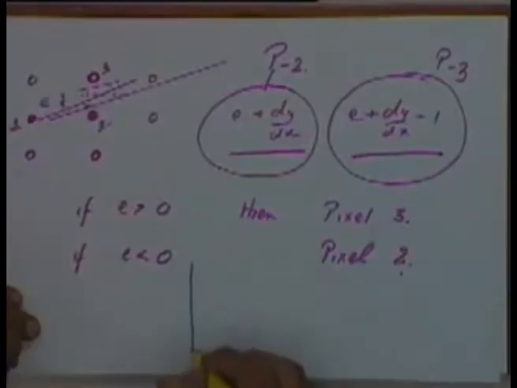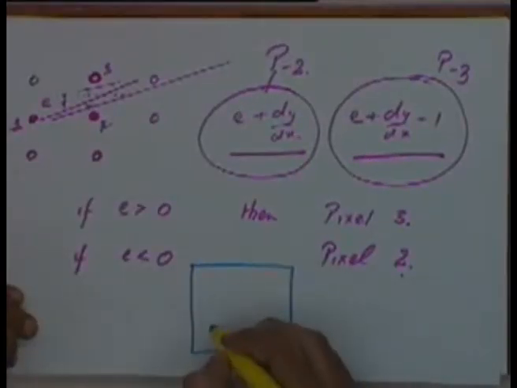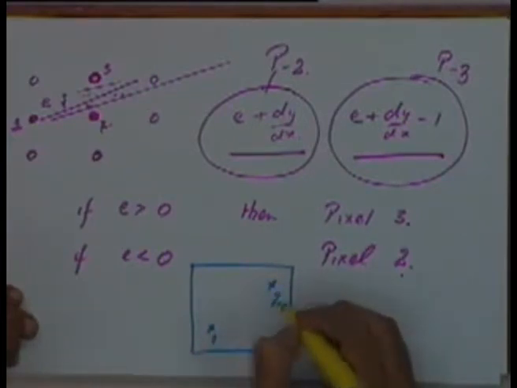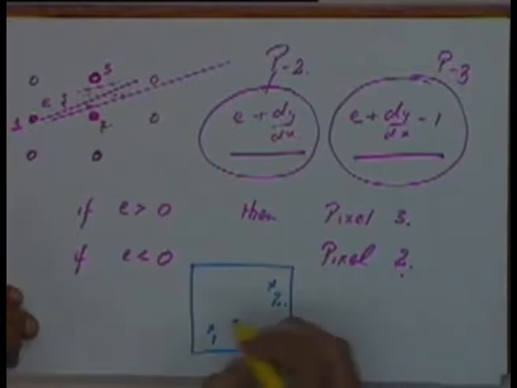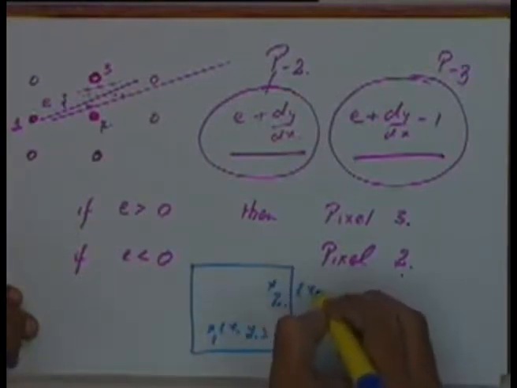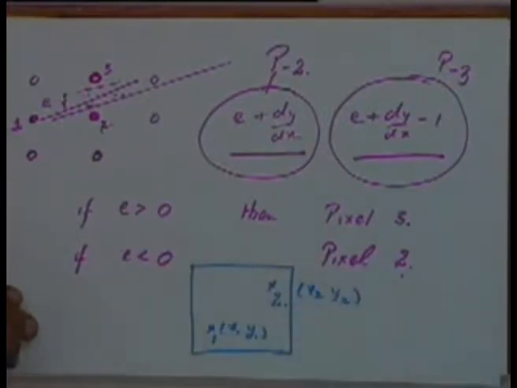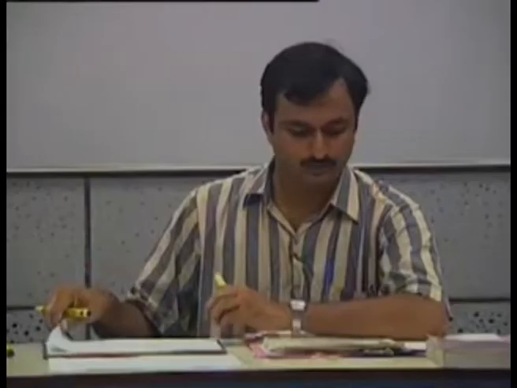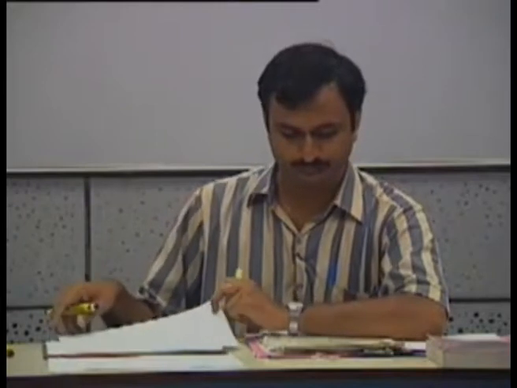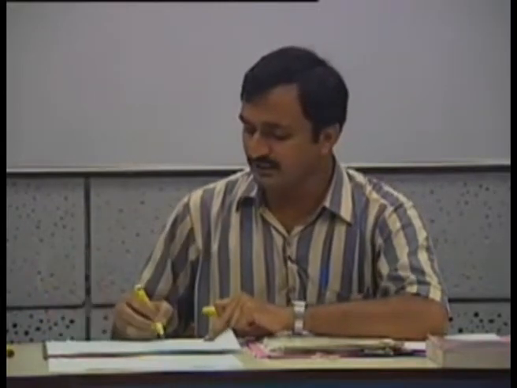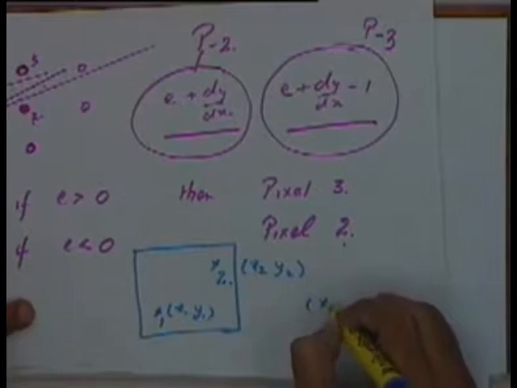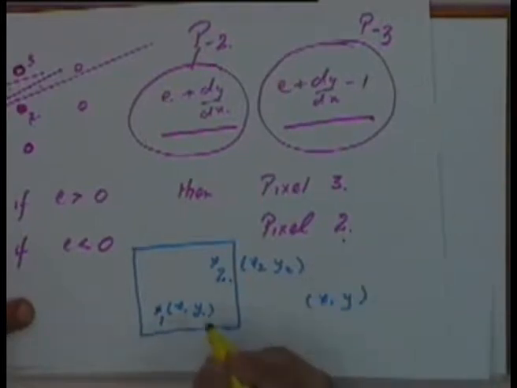Again, we are taking the case where this is the screen and we have to draw a line from a point 1 to a point 2. The point 1, let's say, is x1 y1 and the point 2 is x2 y2. The first point that we display will be the pixel xy, which will be initialized to x1 y1.